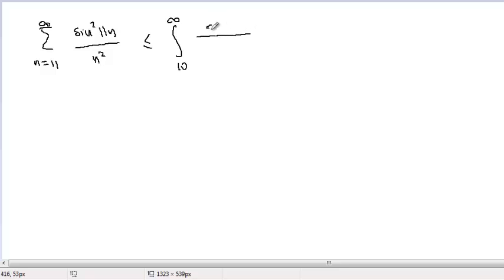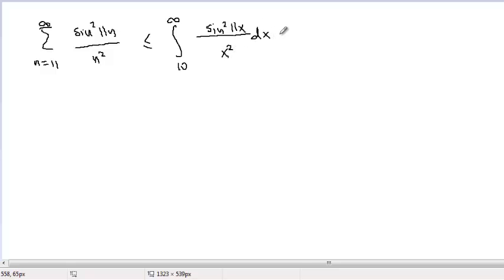So let me write that down one more time. This is the term we want to estimate, summation from 11 to infinity, sine squared of 11n divided by n squared, right? And again, I will go ahead and approximate this sum by an improper integral. Improper integral from 10 to infinity, sine squared of 11x divided by x squared dx.